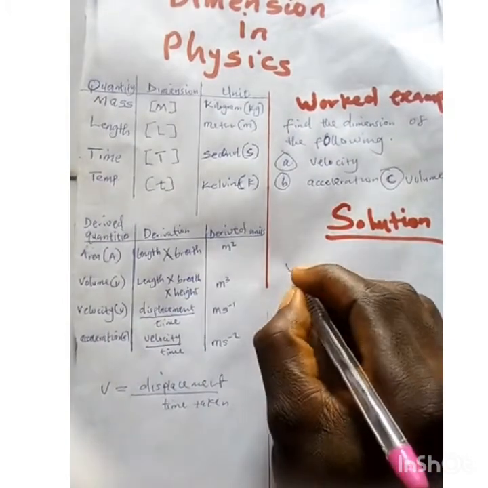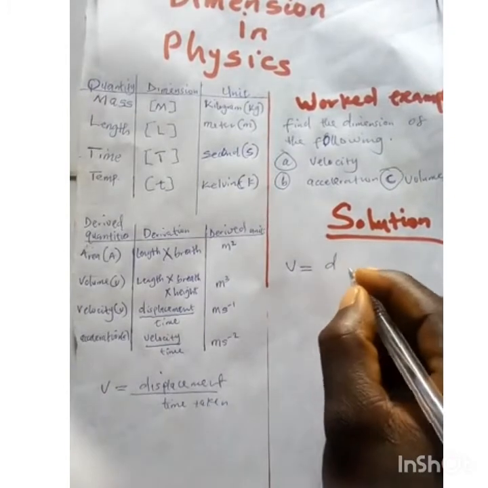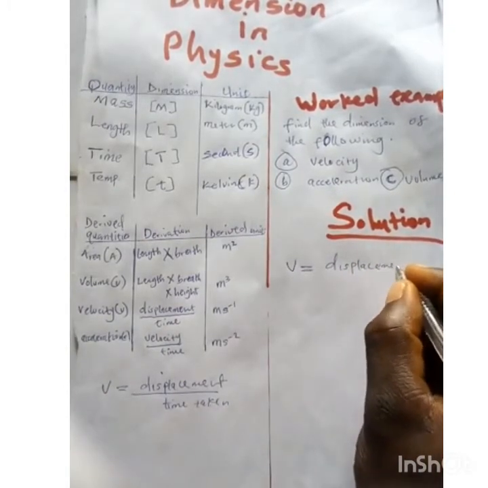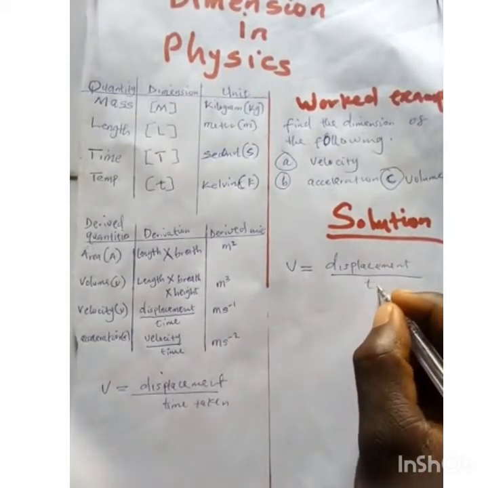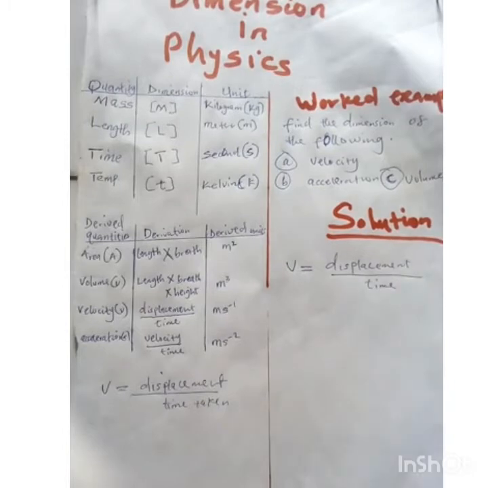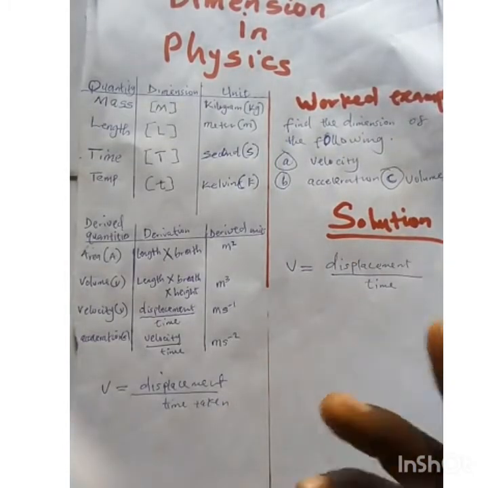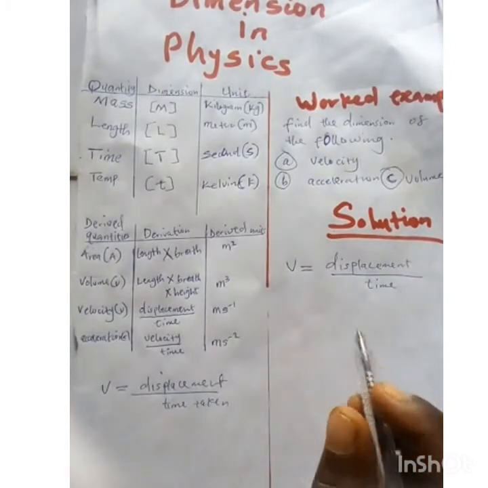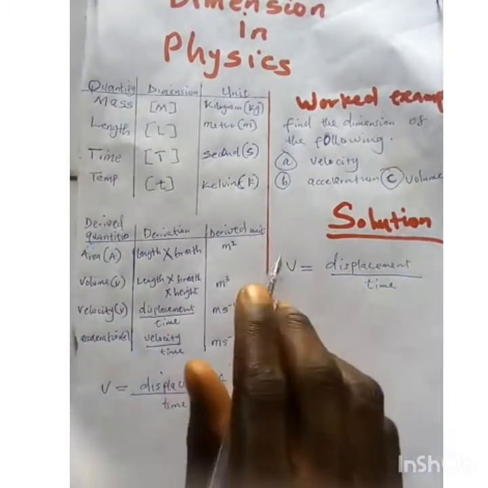And velocity V is equal to displacement all over time taken. And remember, displacement is the same thing as distance. That is, they are talking of the point between two objects. And this displacement is also known as length.